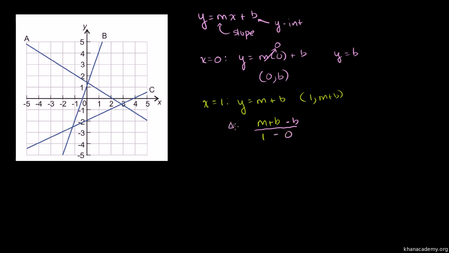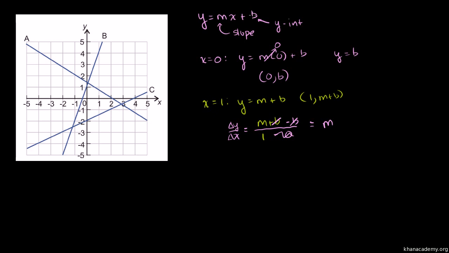This is our change in y over change in x. We're using 2 points. That's our endpoint, that's our starting point. So if you simplify this, b minus b is 0, 1 minus 0 is 1. So you get m over 1, which is equal to m. So hopefully you're satisfied, and hopefully I didn't confuse you by staying in the abstract with all of these variables here. But this is definitely going to be the slope, and this is definitely going to be the y-intercept.